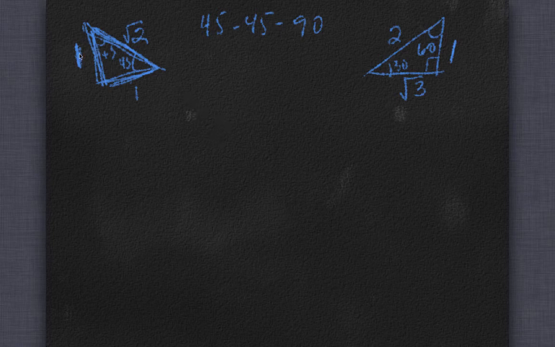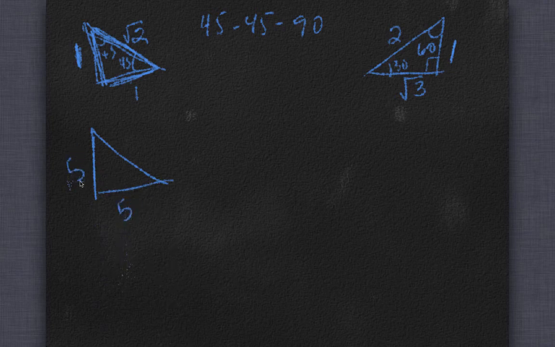So 1, 1, this you should get for free from knowing it's isosceles, right? These are the same. Root 2. So what that means is, if you saw a triangle that was, say, 5, 5, then this would be 5 root 2. But as far as sine, cosine, tangent, sine of 45 degrees is opposite over hypotenuse, 1 over root 2.